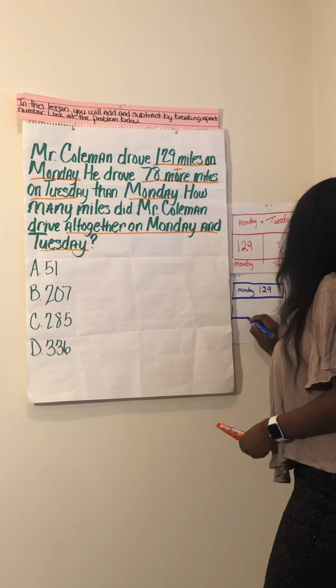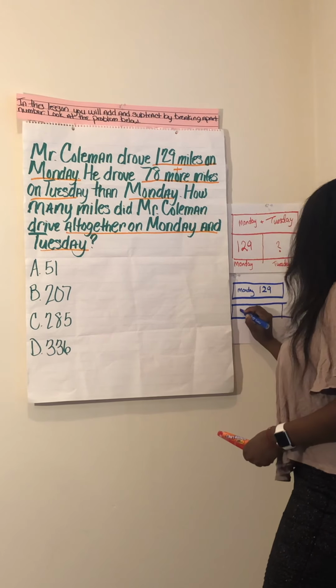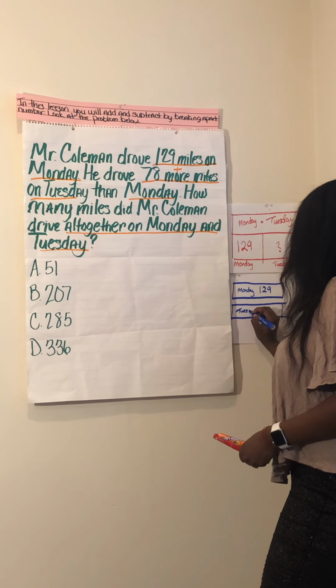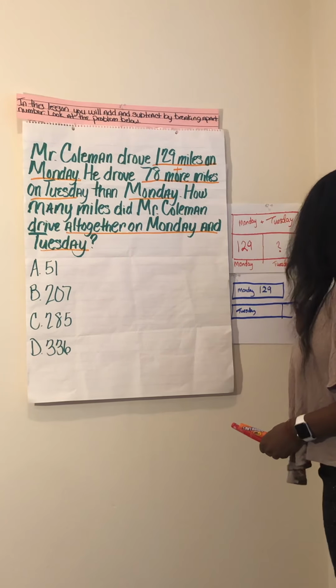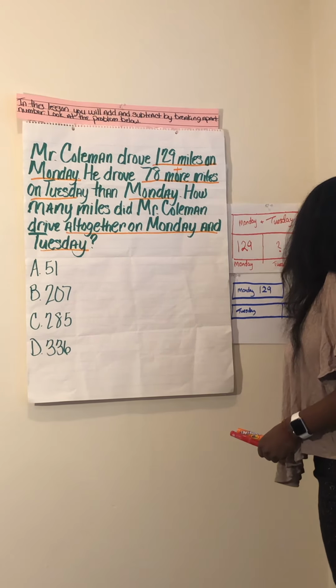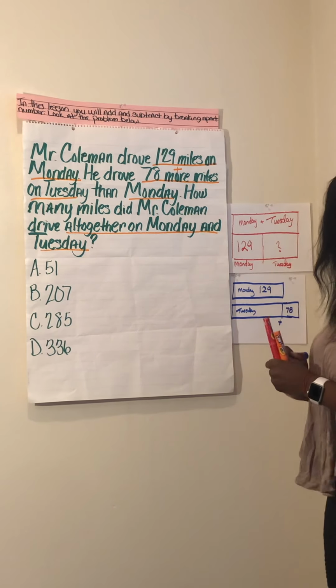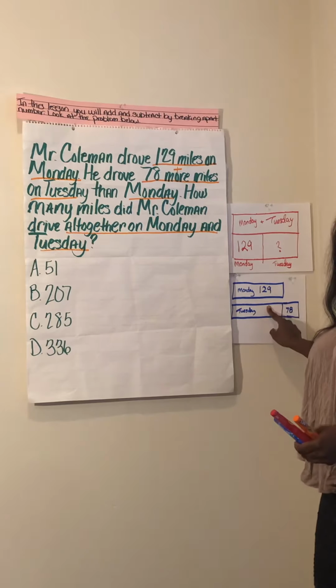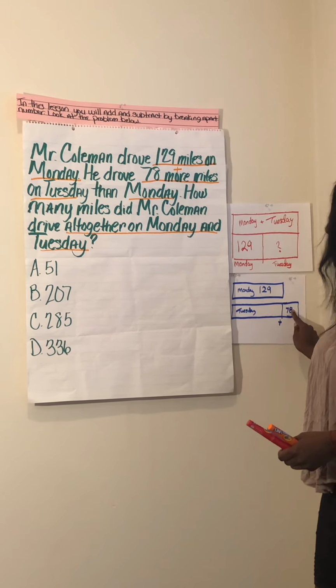And on Tuesday, he drove that plus. So we're going to do that whole bar that represents Tuesday because he drove 129 plus this 78 more miles. So to solve for Tuesday, we're going to have to add 129 plus 78.